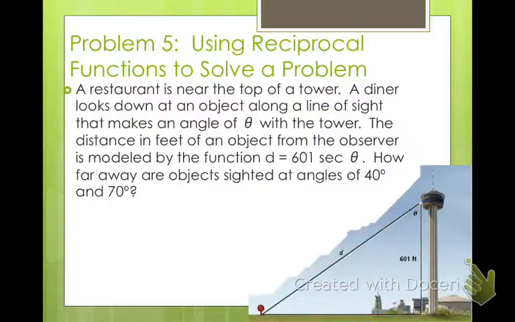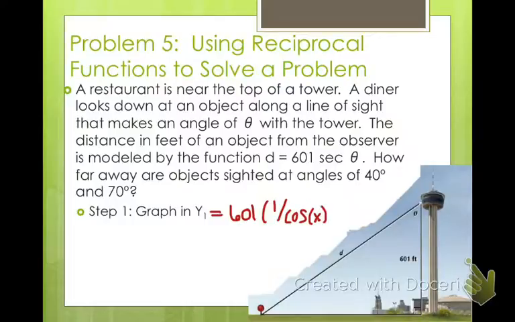Okay, so the first thing we're going to do is put this function into our calculators. This d equals 106 secant theta. So go ahead and put in y1, y equals 106. Remember, secant is 1 divided by cosine x. Make sure you put all your parentheses in correctly. Okay, so you put that in as your function, and then you can graph it if you want, but we don't really need to graph it because we're looking for two specific values.